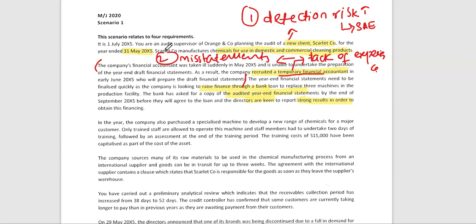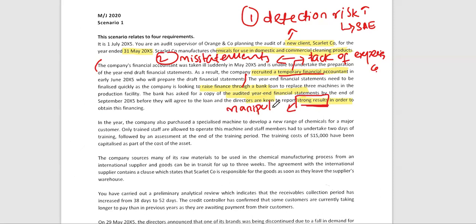Let's see the next one. As you know, the management of the company wants the auditors to complete the audit of financial statements by the end of September 20x5, and the directors are keen to report very strong results in order to obtain this financing. This is a key word which is telling me that there is a strong risk of manipulation in the financial statements.